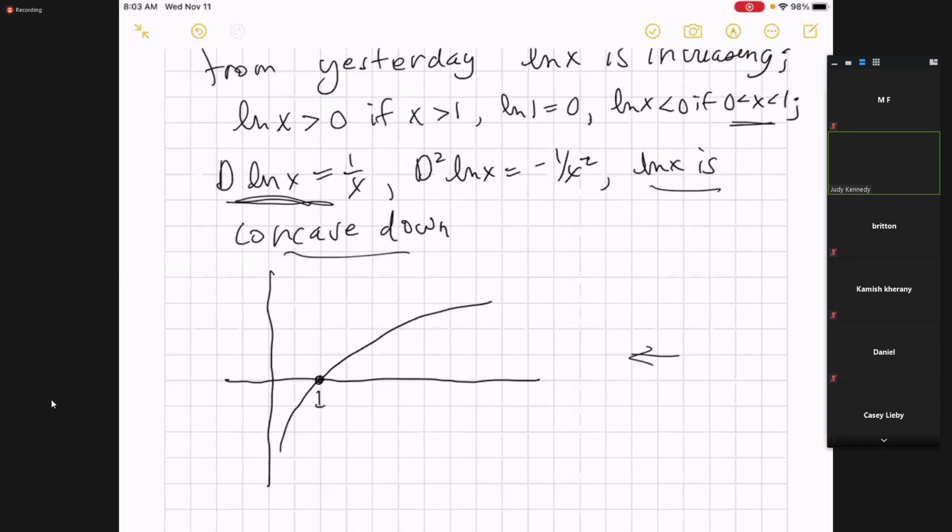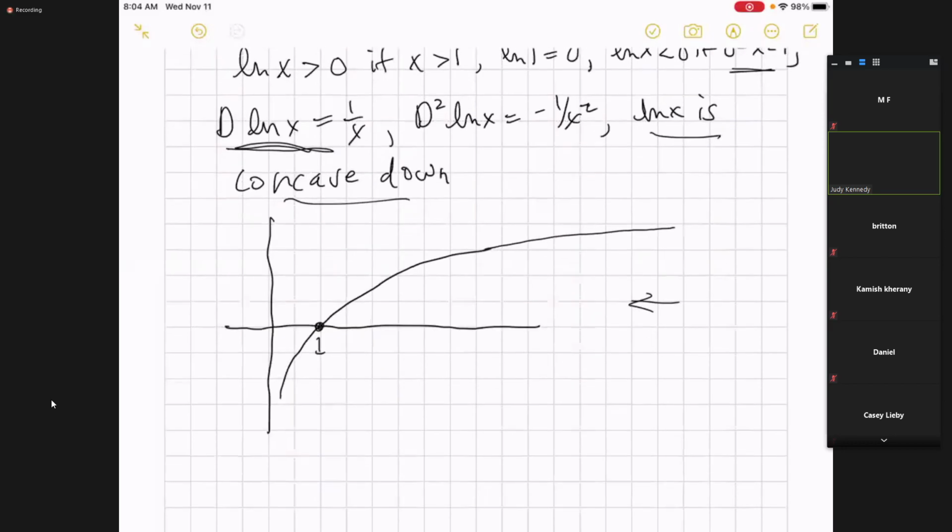And, well, we still have much to determine. For one thing, it's concave down, but what's to say that maybe it doesn't just level off like that, have a horizontal asymptote, or does it just increase forever? Kind of looks from what I've drawn that maybe it levels off.